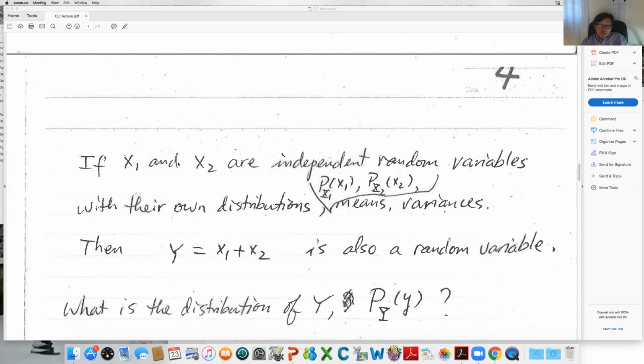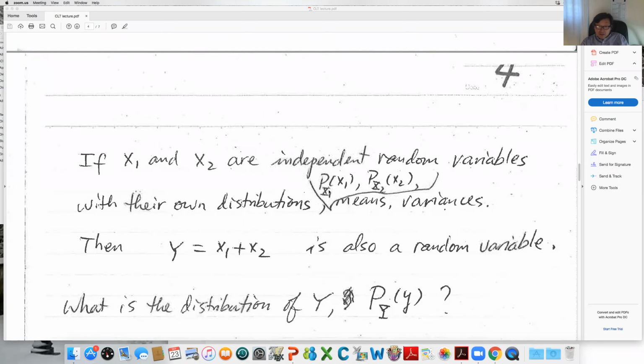Okay, so if x1 and x2 are independent random variables with their own distributions, let's say x1 is drawn from a distribution of px1, and x2 is from px2.